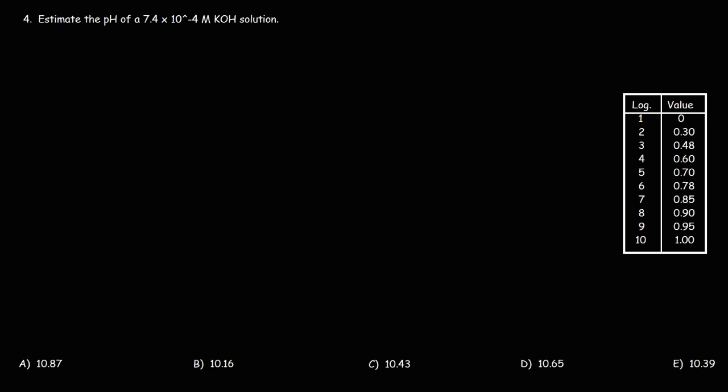Number 4. Estimate the pH of a 7.4 times 10 to the minus 4 molar potassium hydroxide solution. Now, be careful with this problem. So we know the hydroxide concentration. It's 7.4 times 10 to the minus 4.